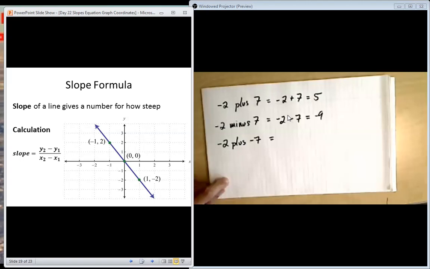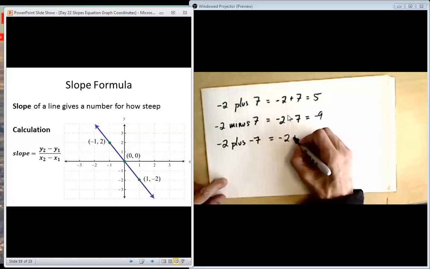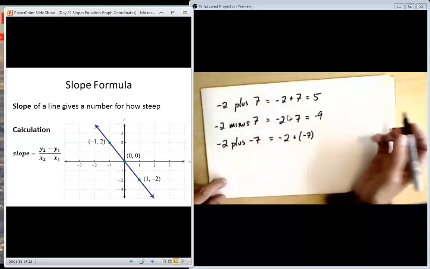No, that would be with multiplying, times. So we're just plus here. -2 plus. So not times, but plus instead. Check this out. Maybe this is new for you guys. That's what it looks like.